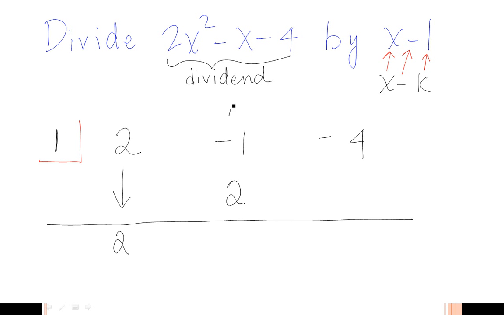Then we're going to add the columns. Okay, so add minus 1 plus 2 is plus 1. And then we're going to multiply. 1 times 1 is 1. And then we're going to add again. We get minus 3. So the very last number is our remainder.